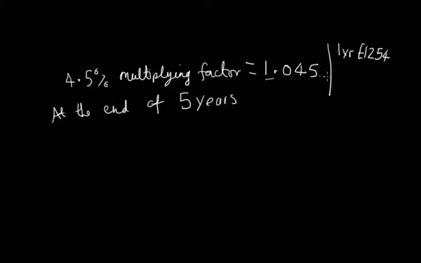And then this sum would be multiplied by our multiplying factor to give us the end of 2 years. So what we need to do is take our original sum of 1,200 and multiply it by our multiplying factor 5 times.